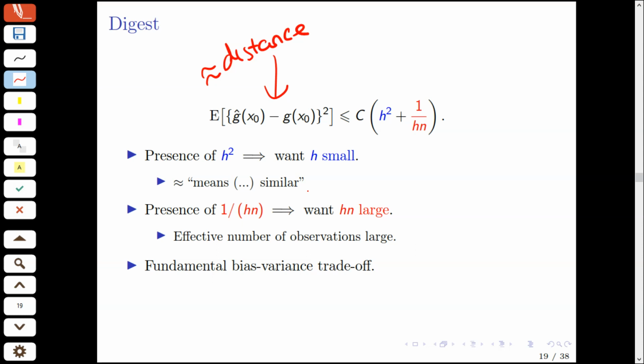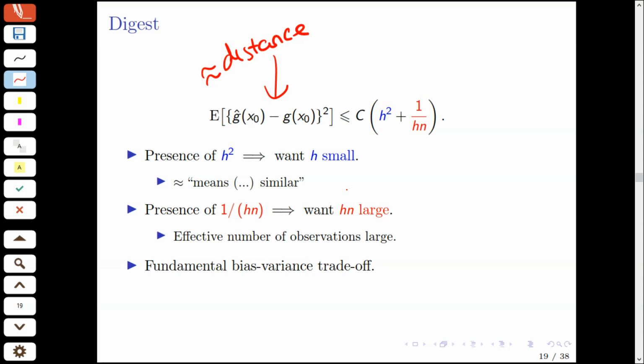And this idea goes towards having a small bias in estimation. On the other hand, the presence of this 1 over hn means that we would like to make that term small, which in turn means that we'd like to ensure that the product of h and n is a large number.